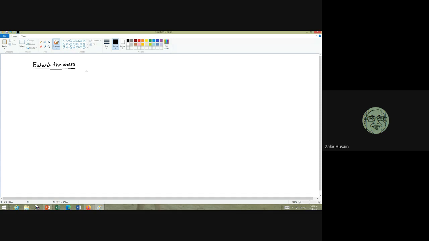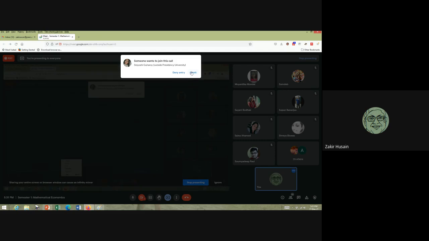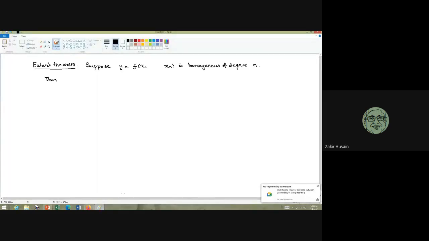Euler's theorem states that suppose we have a function, suppose y is equal to f of x1 to xn, and it is homogeneous of degree n. Okay, so suppose it's homogeneous of degree n.